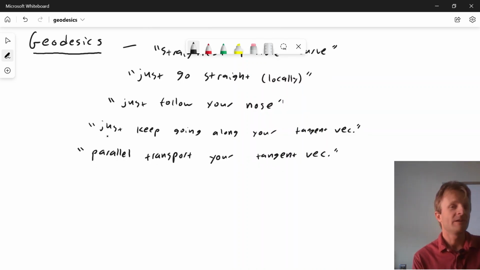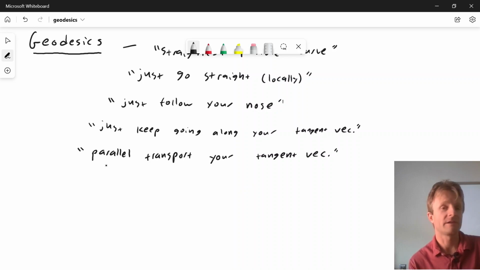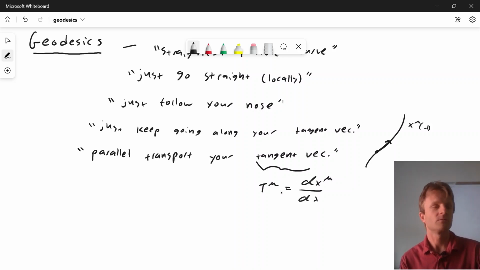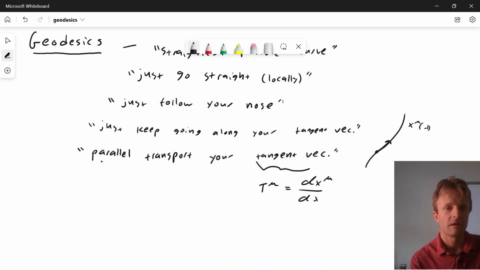So there's actually very little logical leap from one of these statements to the other. But this is the idea, and we've now actually arrived at a mathematical definition because we know what the tangent vector is, right? Its components are dx mu d lambda for your curve x mu of lambda. We spent a lot of time making that precise and arguing that this is the right thing. And we know what parallel transport means, right?